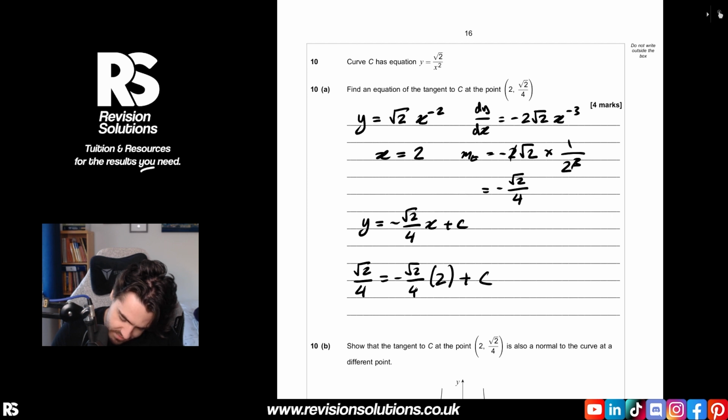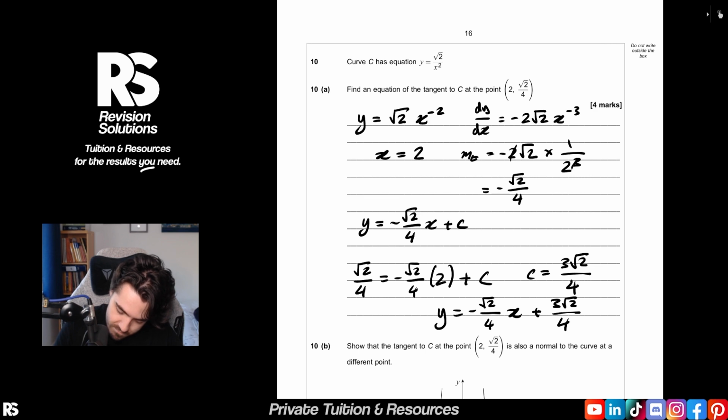This would simplify down to minus root 2 over 2. And if we add that to both sides, we're going to get c to be 3 root 2 over 4. So the equation for our tangent would just be y equals minus root 2 over 4 x plus 3 root 2 over 4.